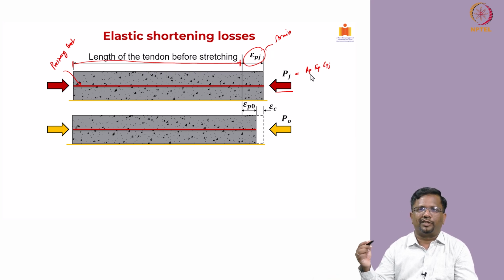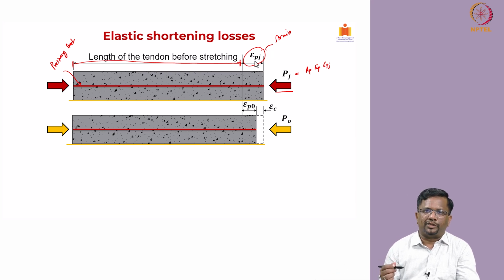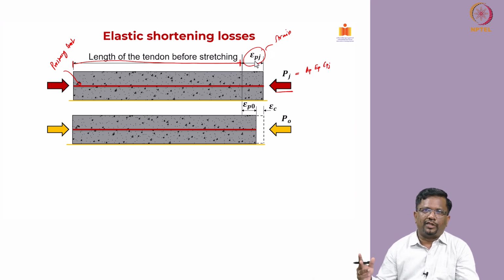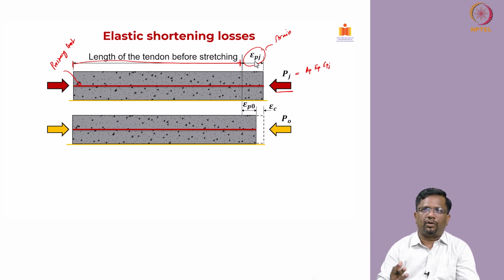So, P j is nothing but the initial pre-stressing force that we have given because of the stretching of the pre-stressing cable by a strain magnitude of epsilon p j. Now, when I release this pre-stressing, for example, let us say in this case of a pre-tensioning system, when I cut the strand, then the stress will get transferred from steel to concrete.